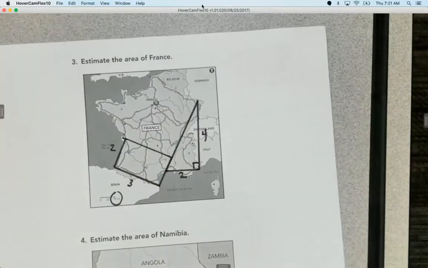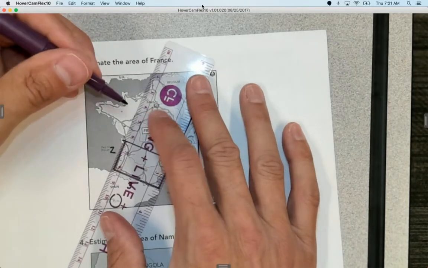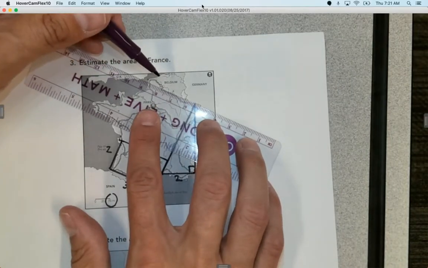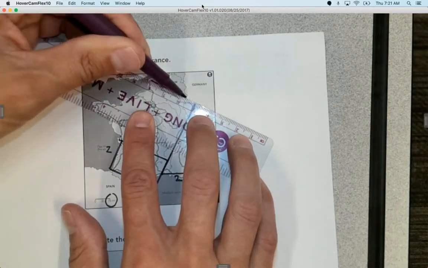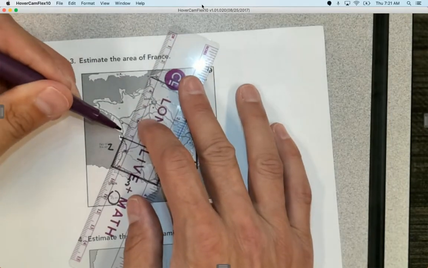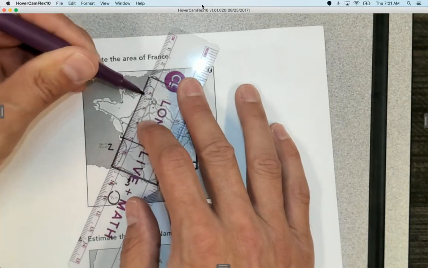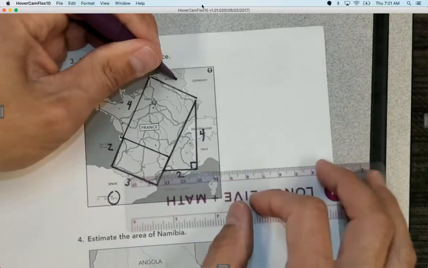And then I think I would do another one here. Two, three, four. So this has a height of 4, another rectangle. This has a base of 3.